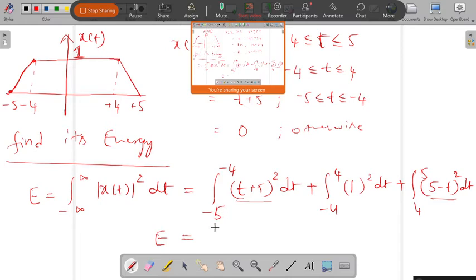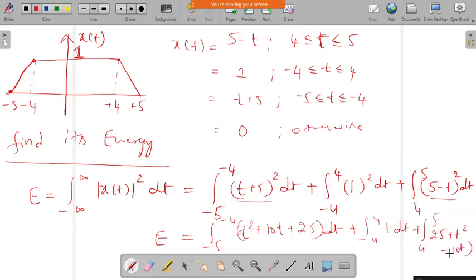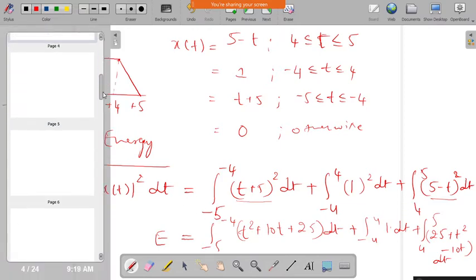Okay, we can take this. So we'll do it from -5 to -4, t square plus 10t plus 25, this into dt, plus -4 to +4 it is 1 into dt, plus 4 to 5 it is again 25 plus t square minus 10t into dt. Okay, now we'll go to the next step.